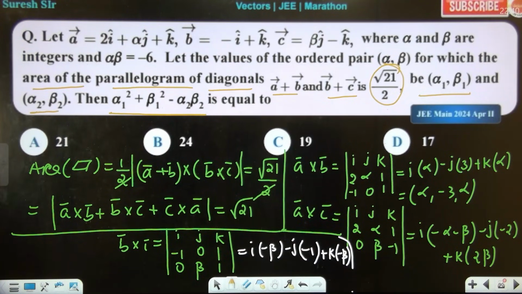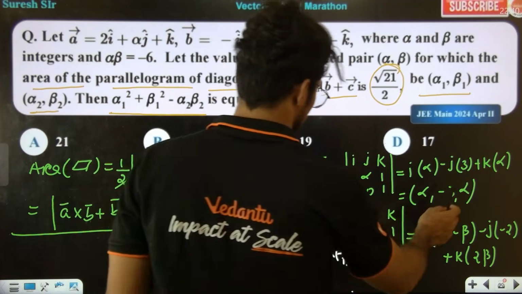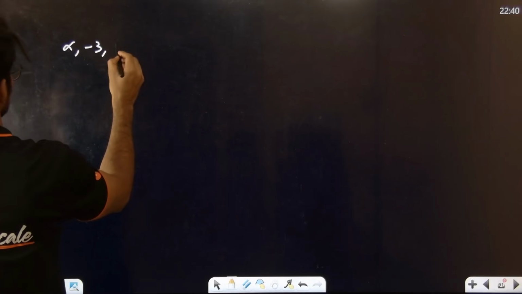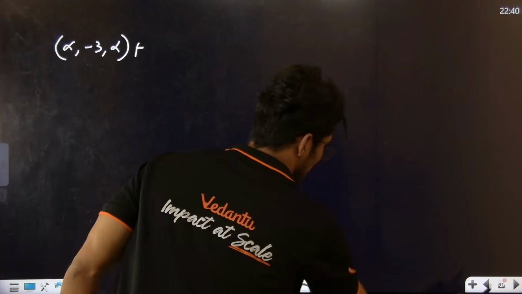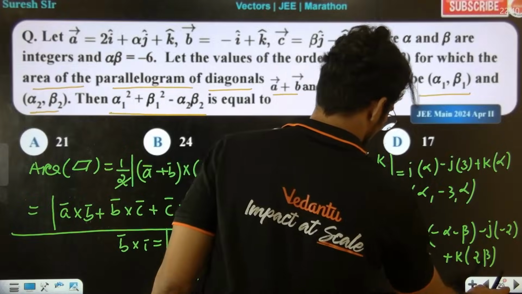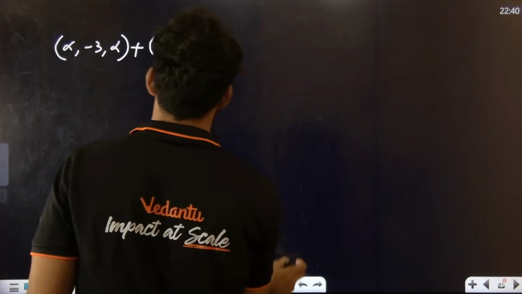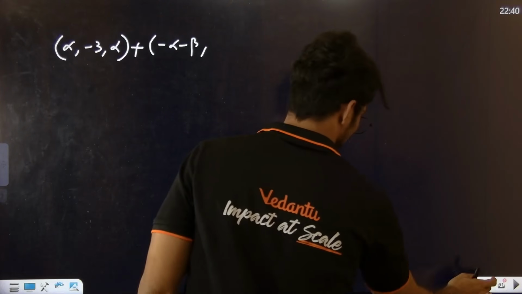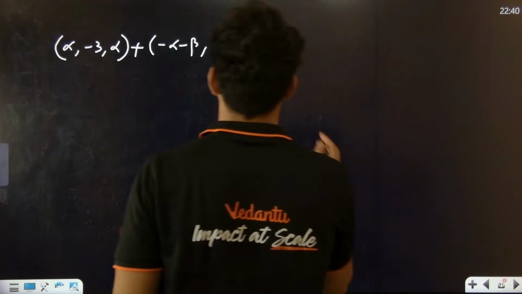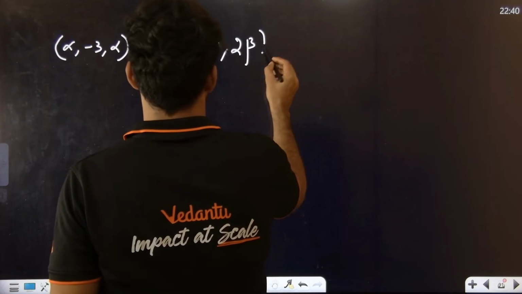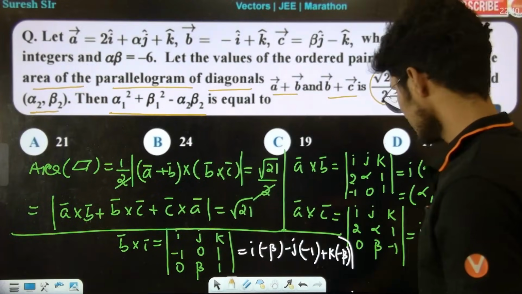Are you all getting the point? Are you all understanding or not? Yes, sir. Sir, firstly, alpha minus 3 lambda. Right? Let me go to next page. Alpha comma minus 3 comma alpha plus minus alpha minus beta plus 2 minus alpha minus beta comma minus alpha minus beta comma 2 comma 2 beta plus what?